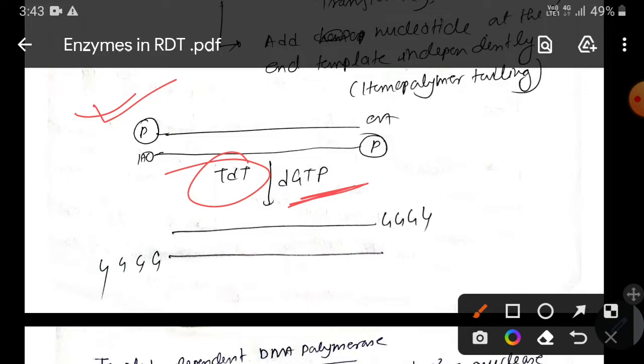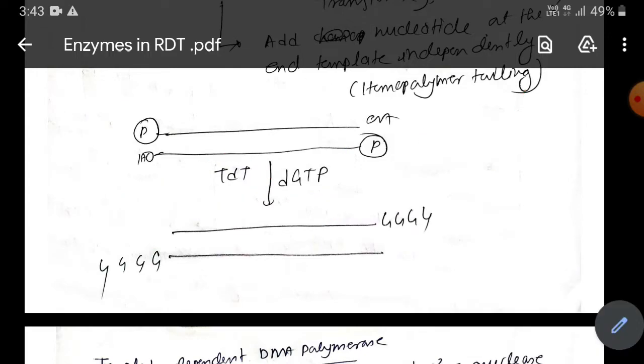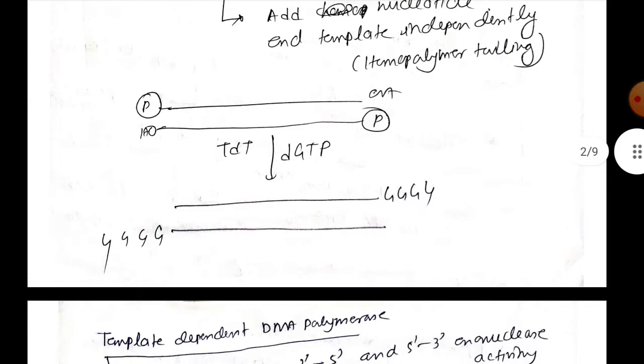Remember this very carefully. If you are using TdT, you have to add only one kind of nucleotide. It can be dGTP, dCTP, dATP, or dTTP, but two nucleotides at a time is not possible. Suppose dGTP along with dATP is not possible.